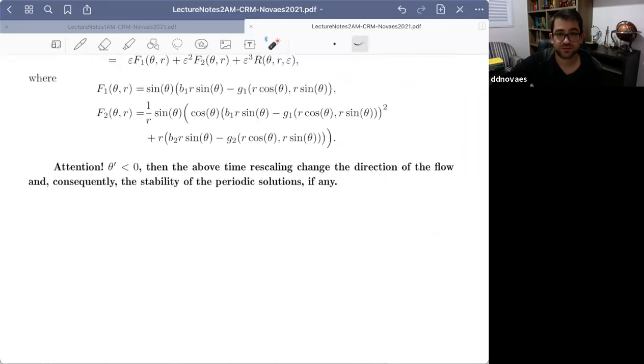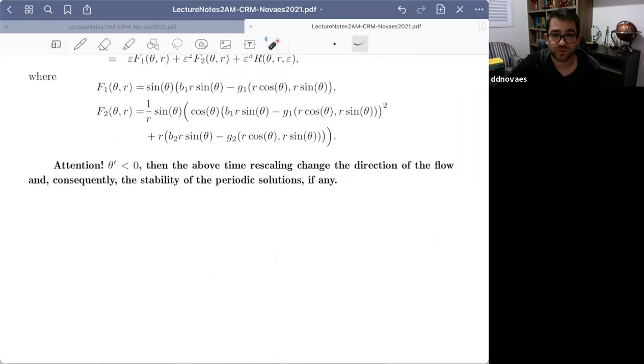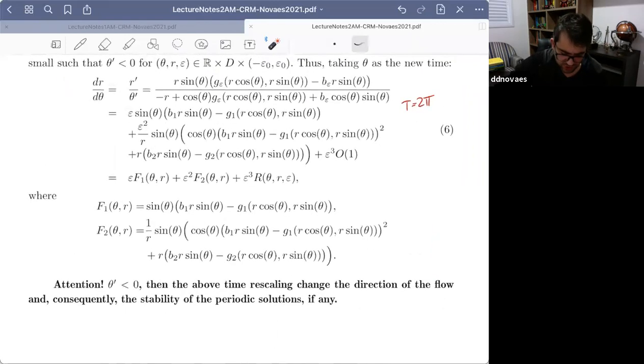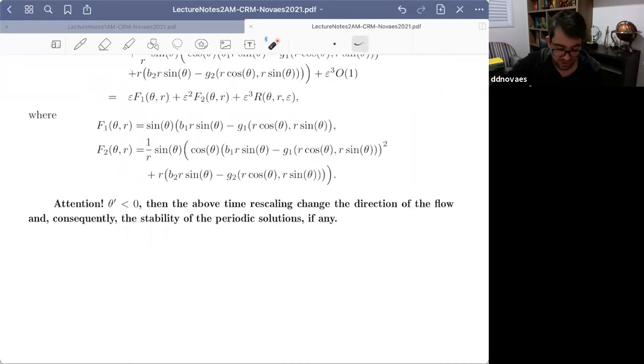So this is the first problem that we face when we are trying to study periodic orbits using the averaging method. For this particular case, pay attention that theta prime is negative. Then in our time rescaling that we are doing here, we are changing the orientation of the orbits. In particular, we are changing the stability of the limit cycles that can exist here, if they exist.